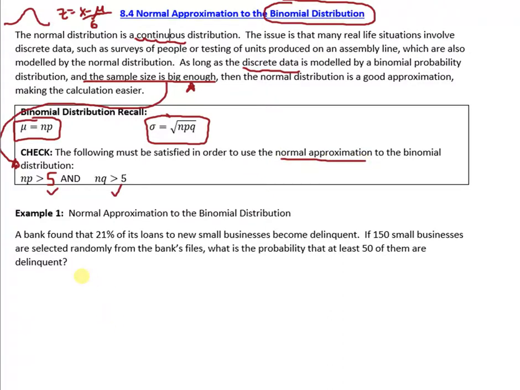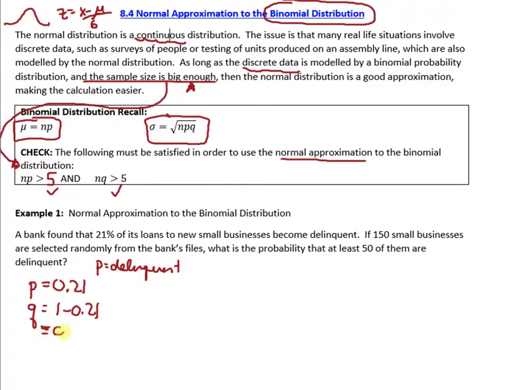So let's try the first example. A bank found that 21% of its loans to new small businesses become delinquent. That's a bad loan, when people don't pay it back. So p, the probability of delinquent, equals 0.21, and q equals 1 minus 0.21, which gives us 0.79.